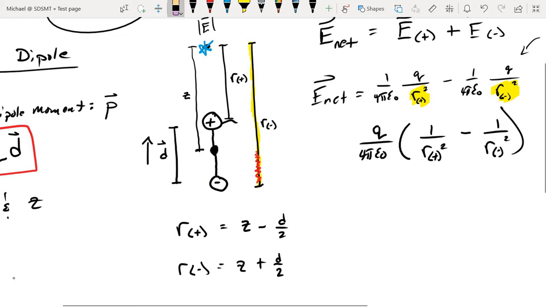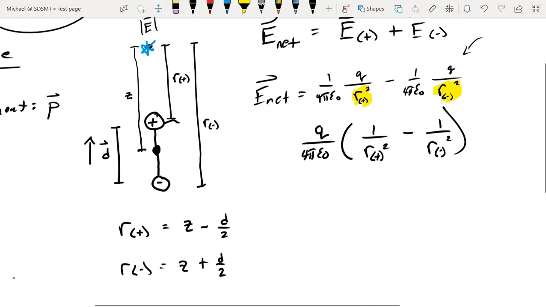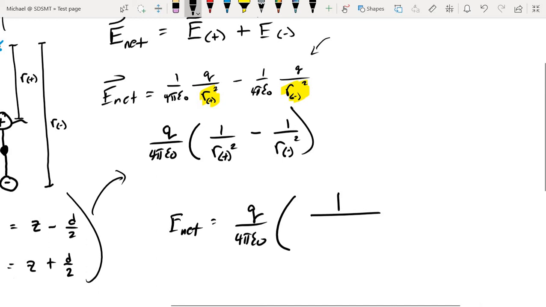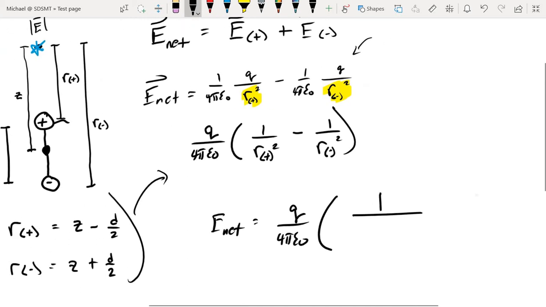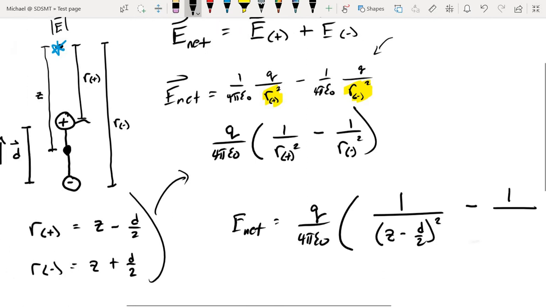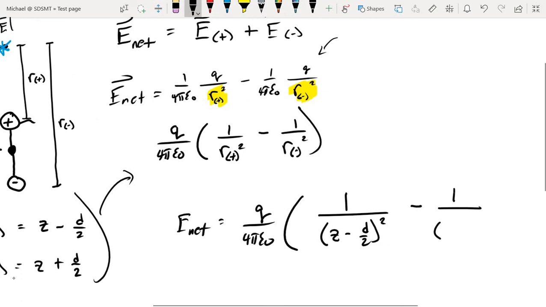Those are the substitutions that we're going to make into our equation thus far. So E net is now equal to Q over 4 pi epsilon naught. We have 1 over R positive squared, which is now Z minus D over 2 squared, minus 1 over R negative squared, which is now Z plus D over 2 squared.